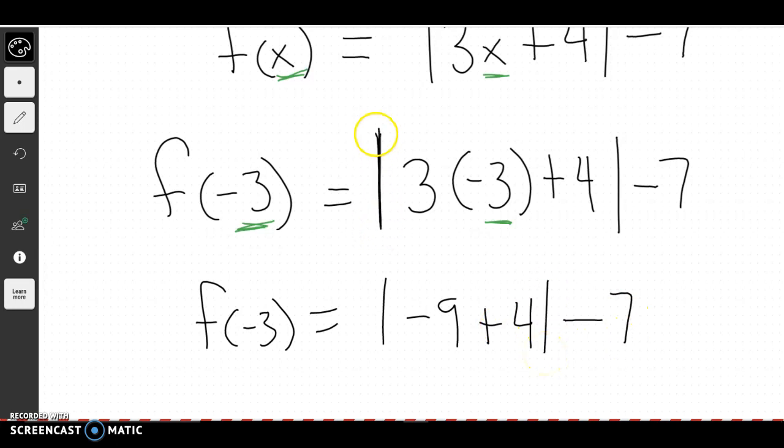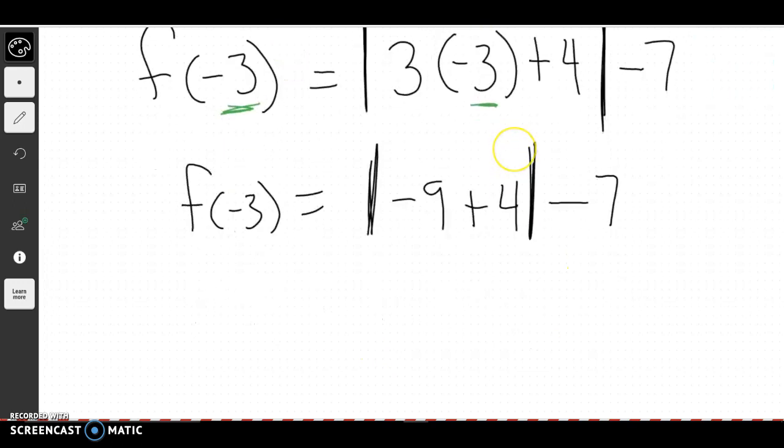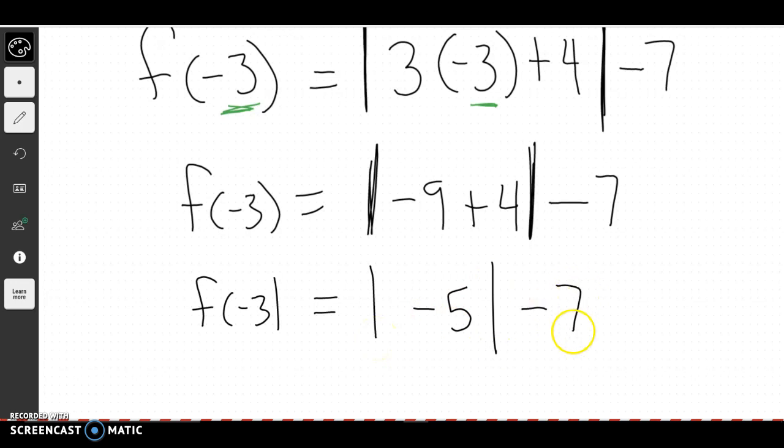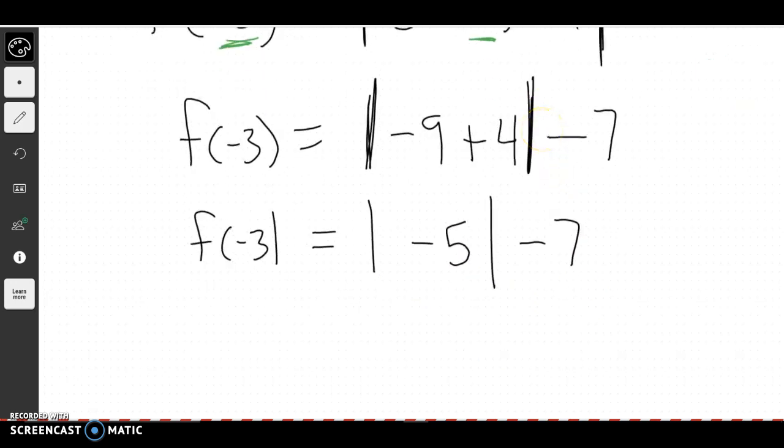These square lines here are absolute values, so we want to do everything in the absolute value to start with, and then we'll deal with the absolute value near the end. That's going to give me that f of negative 3 is equal to, well, negative 9 plus 4 is negative 5, and that's still in the absolute value. Then f of negative 3 is equal to the absolute value of negative 5.